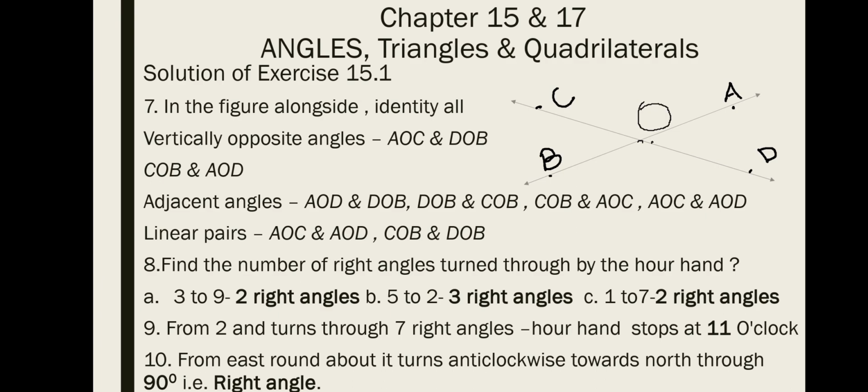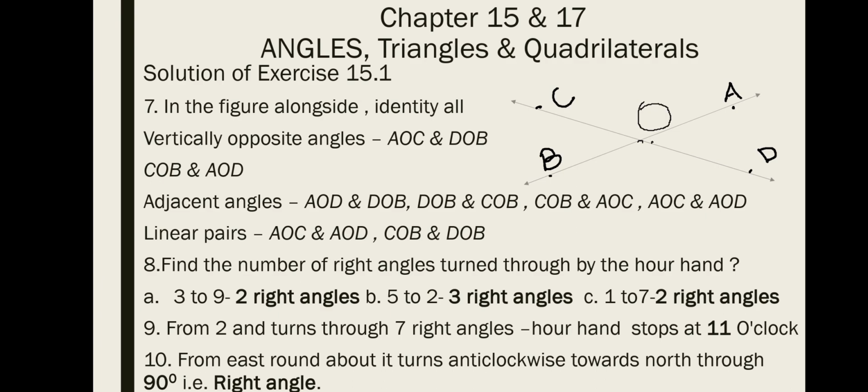Like that, at 11 o'clock it will stop. 7 right angles means, actually from 2 to 2 there will be 4 right angles. And again from 2 you have to count 3 right angles. So 2 to 5 is the fourth right angle. 5 to 8 is the sixth right angle. Then 8 to 11 will be the seventh right angle. So it will stop at 11 o'clock.